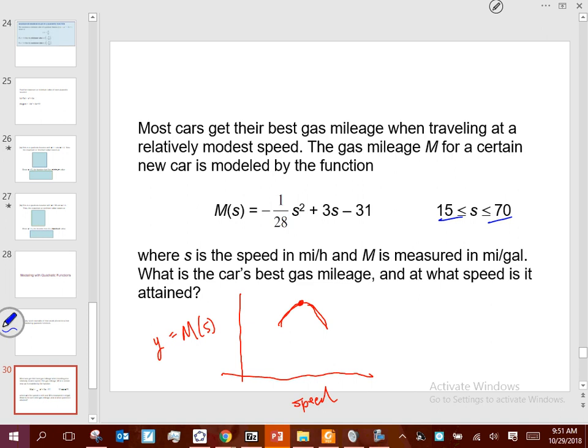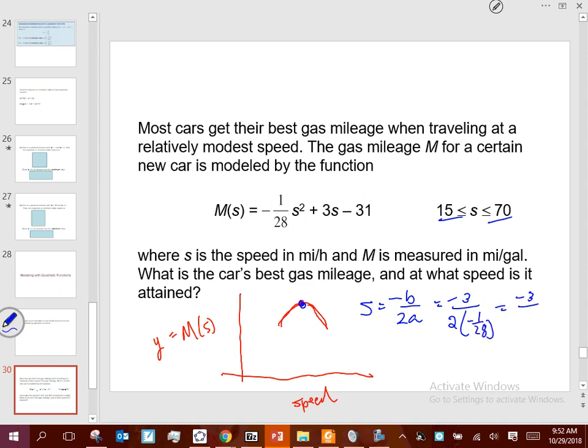Now here's how we figure this out. At what speed do I need to be going? Well, the vertex is that point, right? Don't we know the vertex, I'm going to say S instead of X, is equal to opposite B over 2A? Does that make sense to everybody? So can I take the opposite B, which would be negative 3, over 2 times A, which would be negative 128.